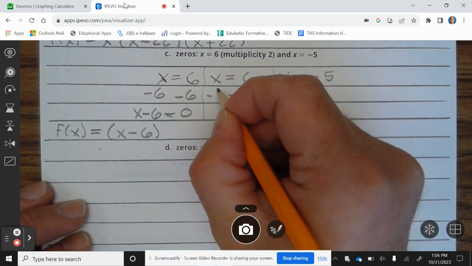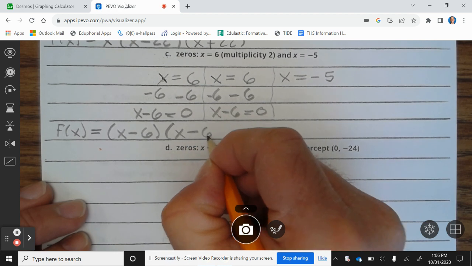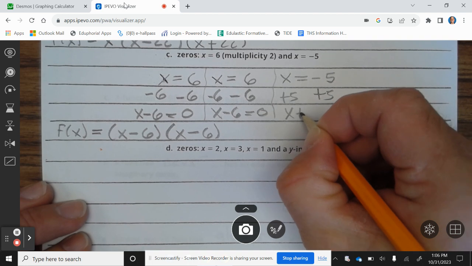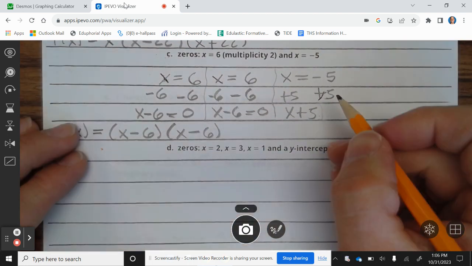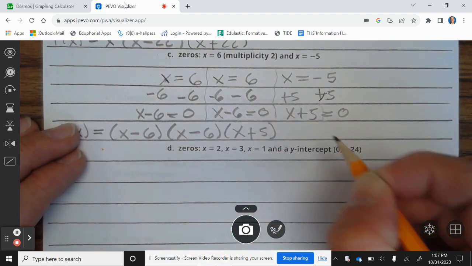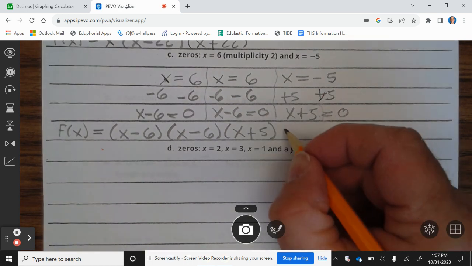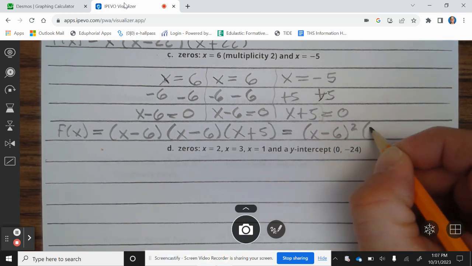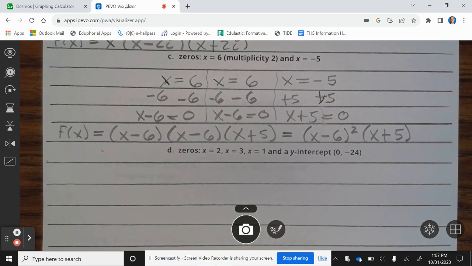Subtract 6 from both sides, x minus 6 equal to 0. And then add 5 to both sides, x plus 5 equal to 0. So your function is f of x equals x minus 6 times x minus 6 times x plus 5, which can be rewritten as x minus 6 squared times x plus 5. All right, go ahead and finish up 5c.